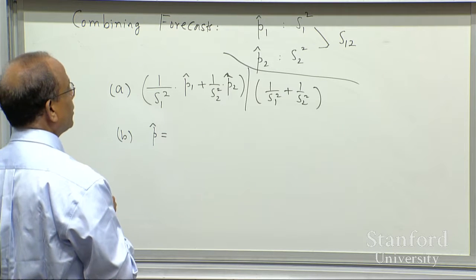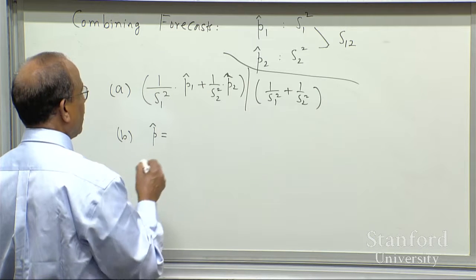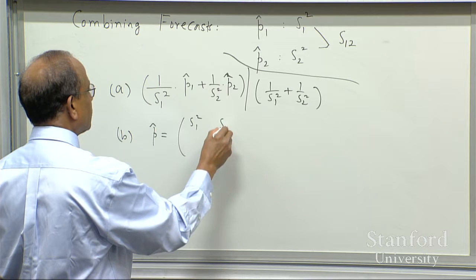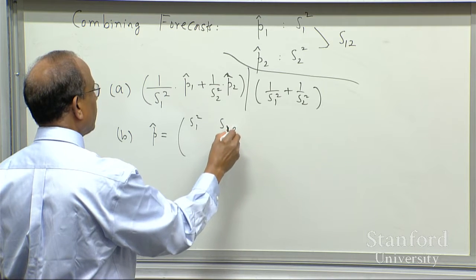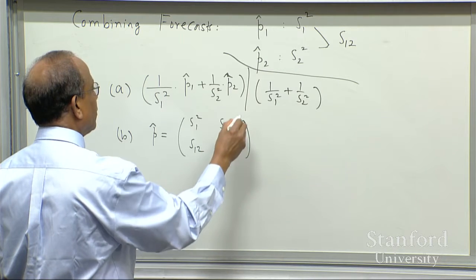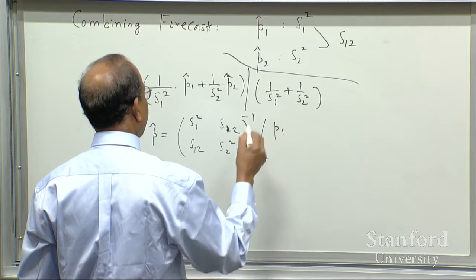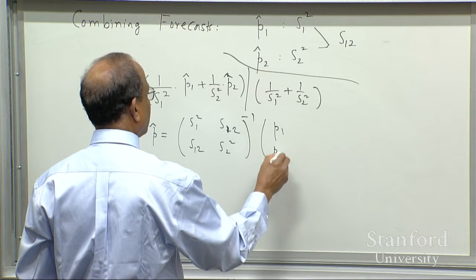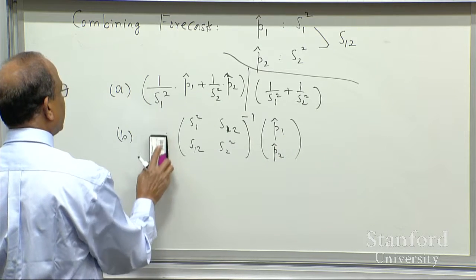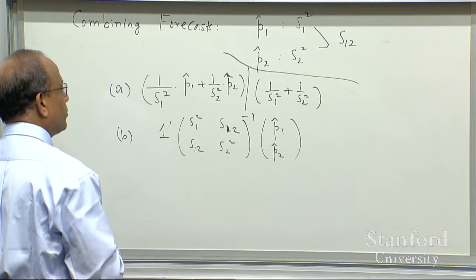So, you want to get the inverse of the covariance matrix of this quantity, which has S1 squared and S12 on one row, S12 and S2 squared on the other, times P hat 1, P hat 2, and then you can combine them in some fashion here. Usually you can take it as 1 prime times this quantity here.